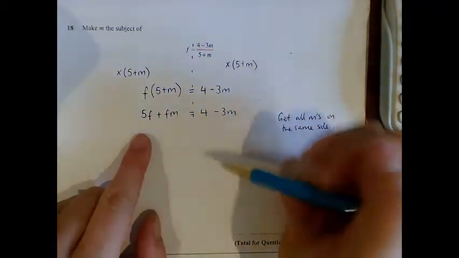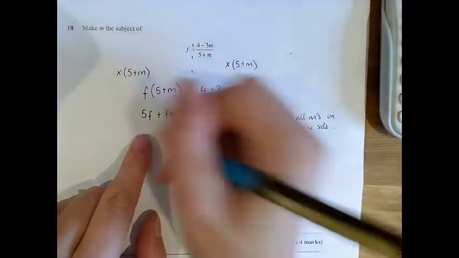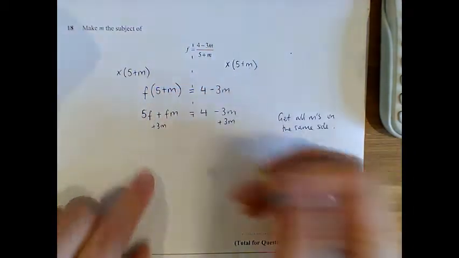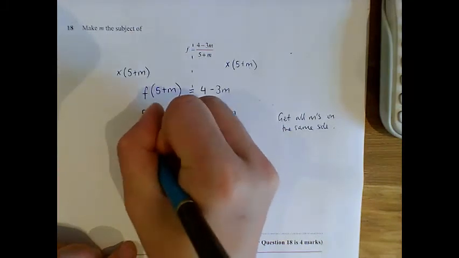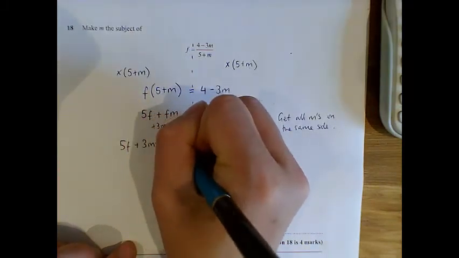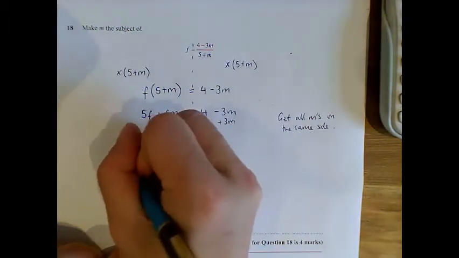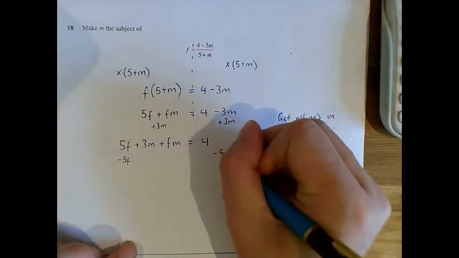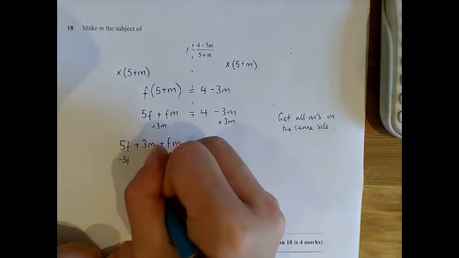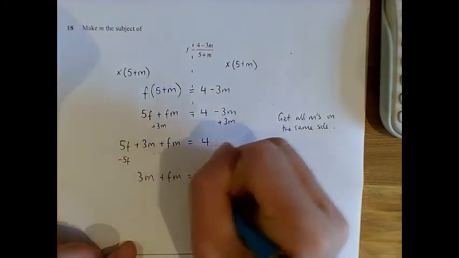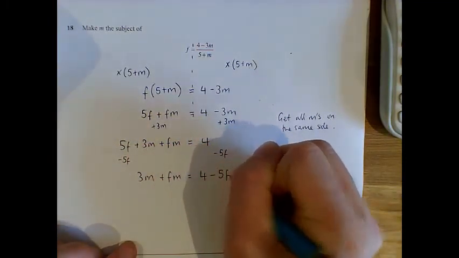So I'm going to add 3M to both sides so that it comes over here. So 5F add 3M add FM equals 4. And then I'm going to take away 5F because that hasn't got an M in it. So I've got 3M add FM equals 4 minus 5F.